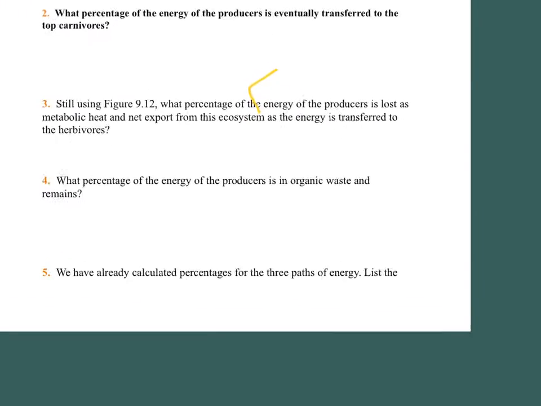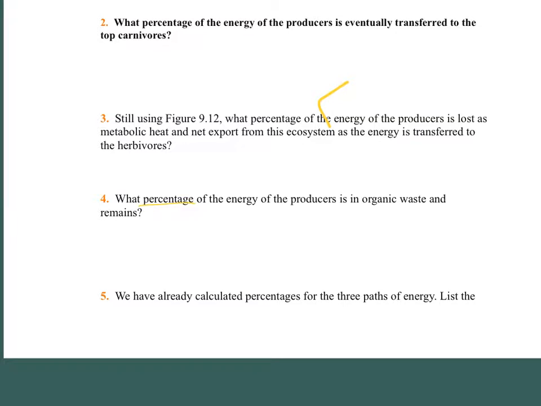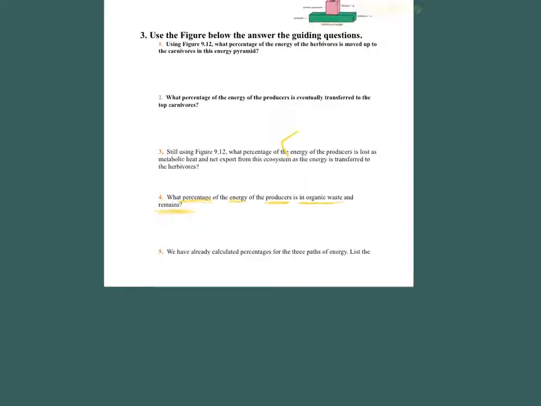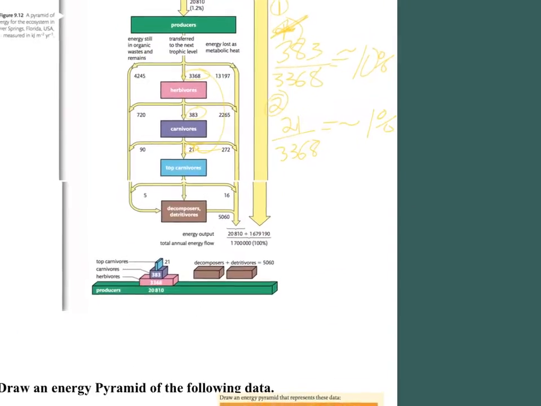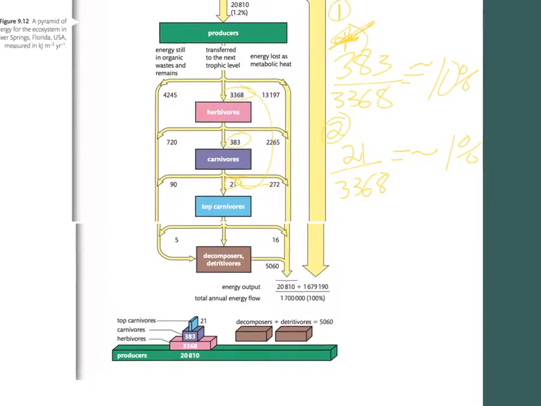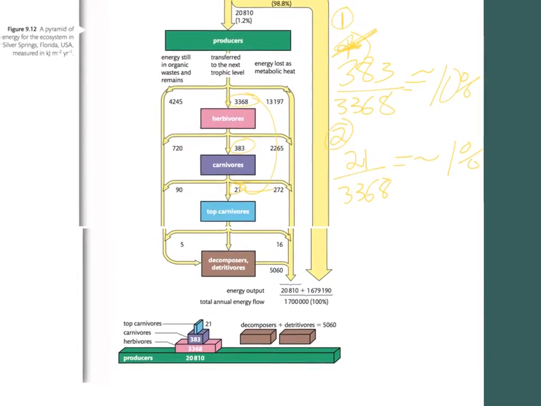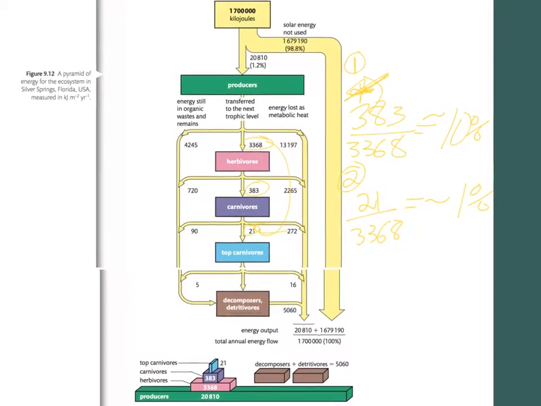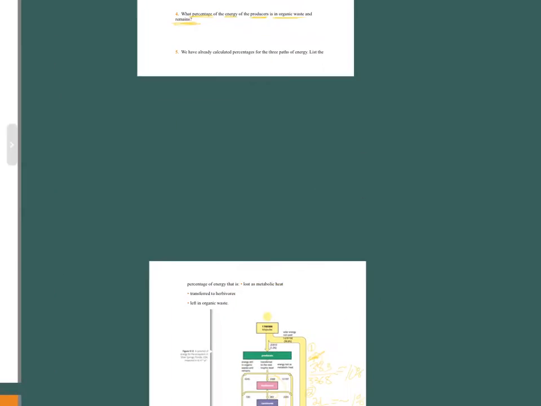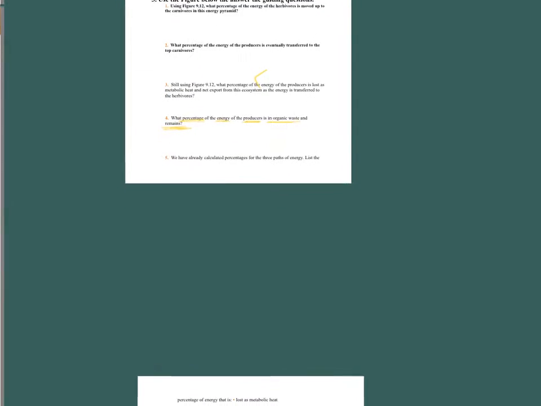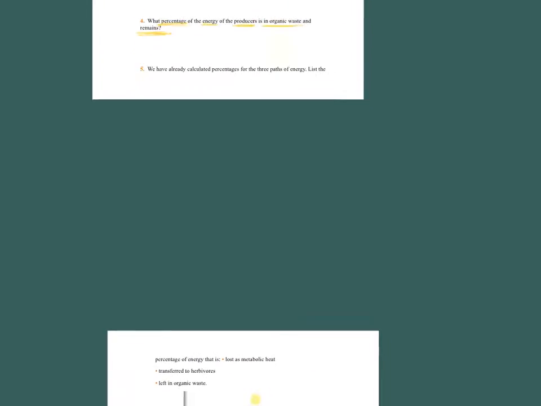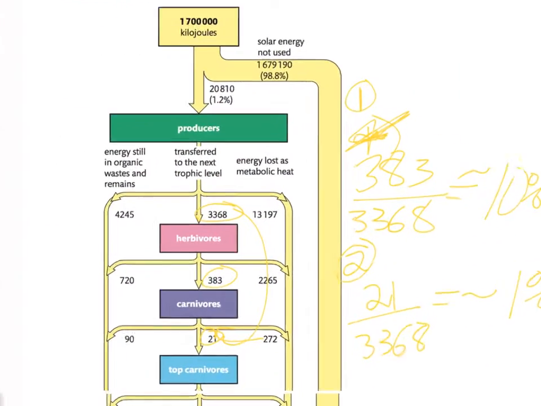So let's look at number 4. Percent of energy of producers that is organic waste that remains. Make sure we read that right. What percent of energy of the producers is organic waste and remains?